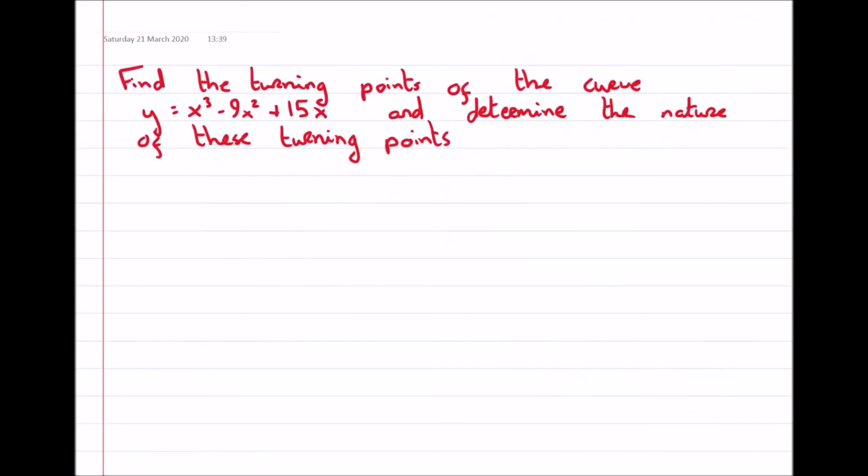Okay? Right. So I'll do a full question then. I'll do a few questions and hopefully that will be enough for you. So find the turning points of the curve y equals x cubed minus 9x squared plus 15x and determine the nature of these turning points. Right, so the first thing we do is we'll differentiate it, let it equal 0 and solve for x.